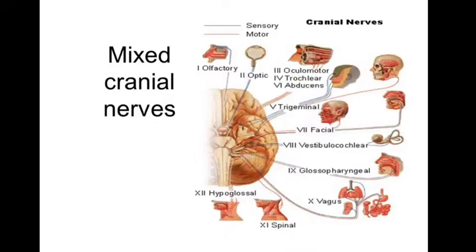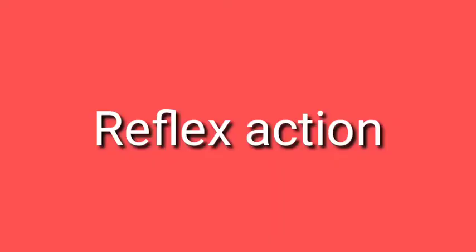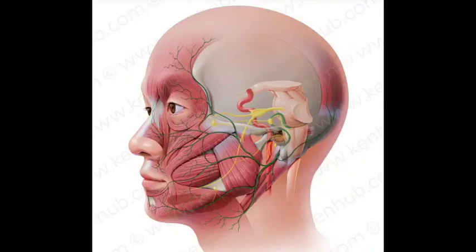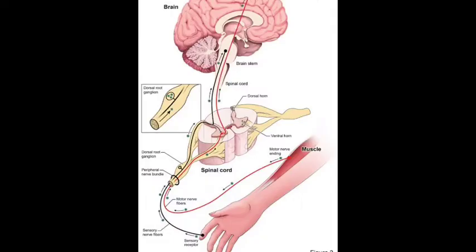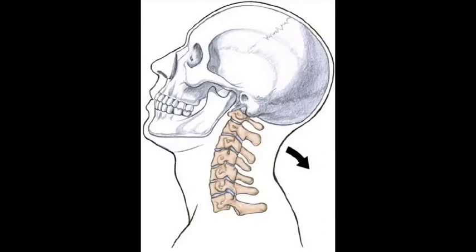The spinal cord is also responsible for something that happens fast, and that is reflex action. The spinal cord reacts in an involuntary response to the skeletal muscle called the somatic reflexes. Reflexes are essentially automatic and do not require information from the brain.